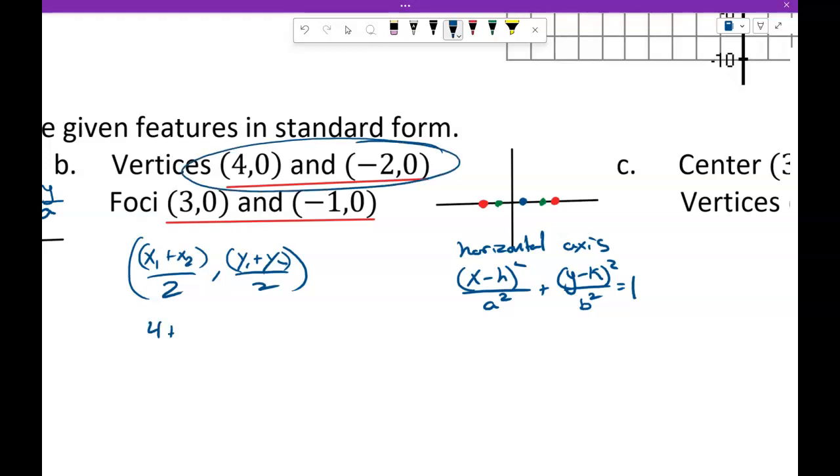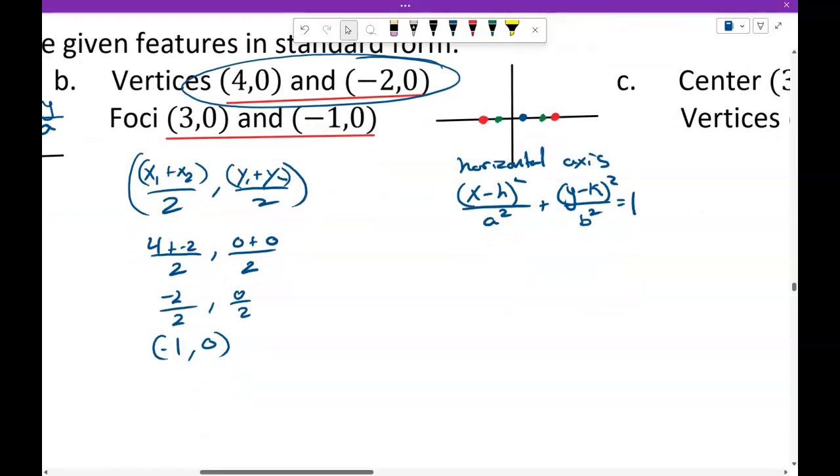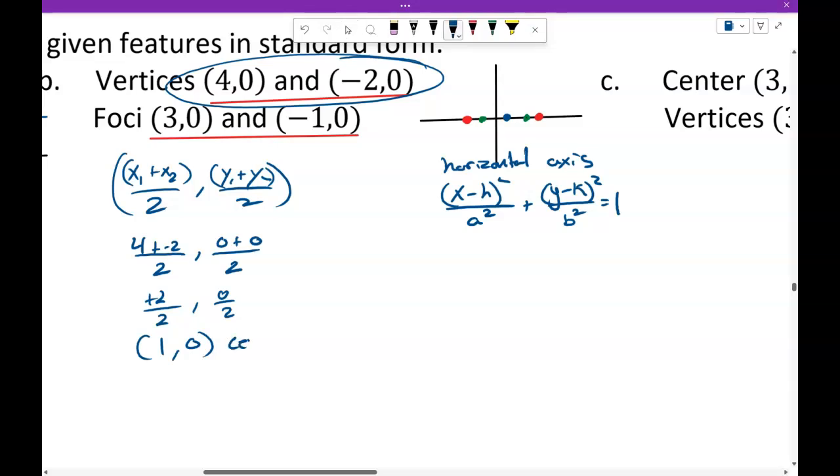Our x's are 4 plus negative 2, and the y's are 0 plus 0. So with 2 over 2, we get 1, comma, 0. So we know where our center is located. Center is located at (1, 0).